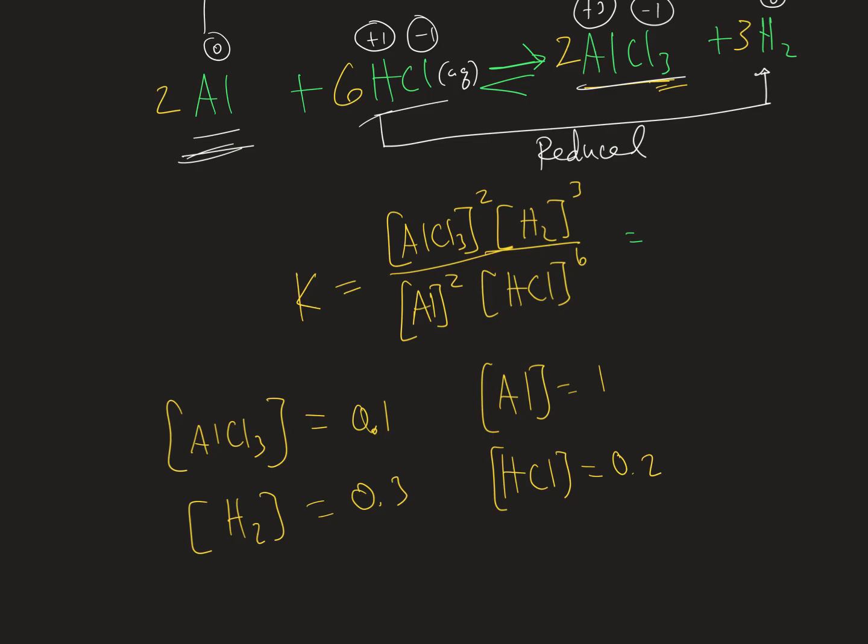So we just plug the values in. Concentration for AlCl3 is 0.1, and we square that, right? For H2 is 0.3, and we cube that. Over Al, which is 1, and we square that. And HCl is 0.2, and we raise that to the 6th power.